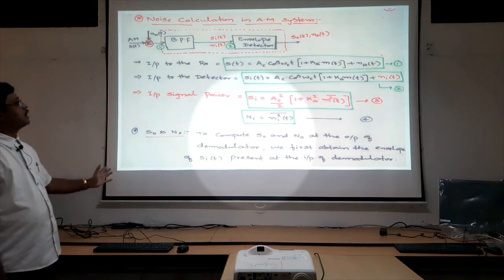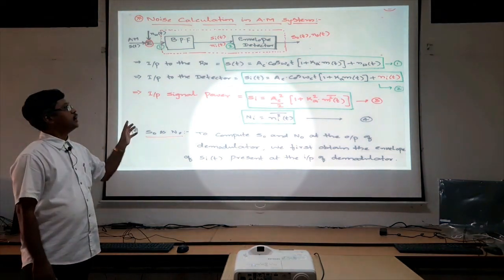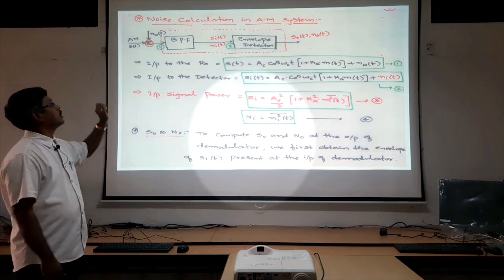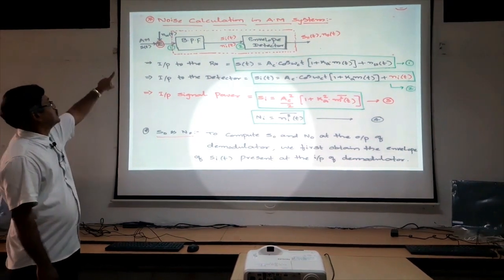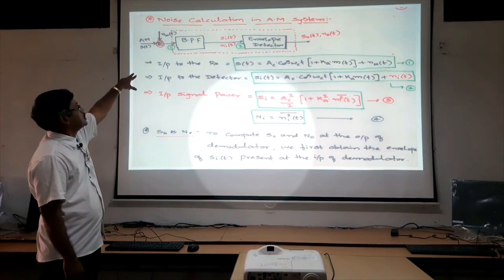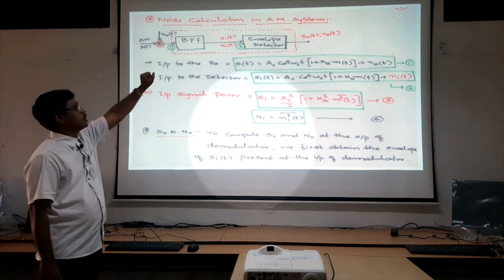Just recollect the baseband system and redefine the baseband system block diagram for AM modulated system. If you observe the basic block diagram of the noise calculation in AM system, it has the band pass filter and envelope detector.